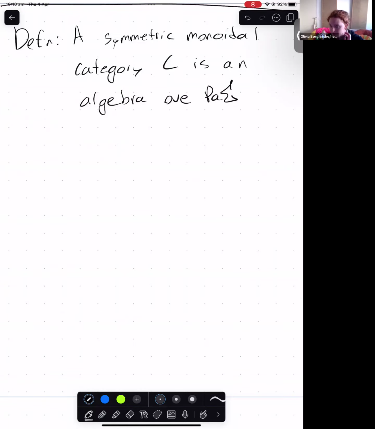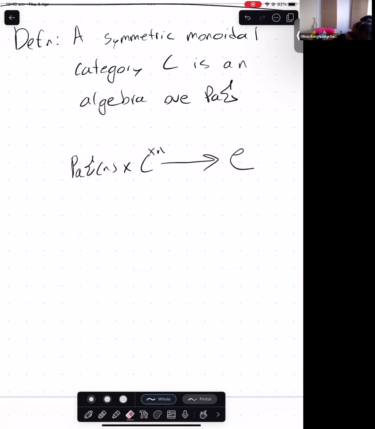If you're unfamiliar with algebras over operads, they come equipped with this sort of structure map that looks like this. PA sigma n cross C to the n. That's just the Cartesian product of categories in this case. And it goes down to just C here.